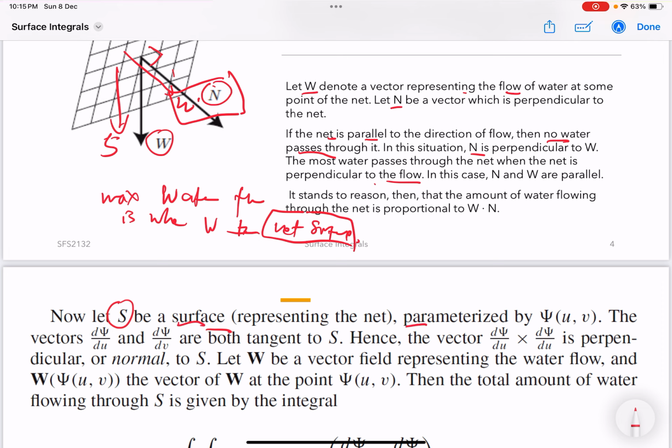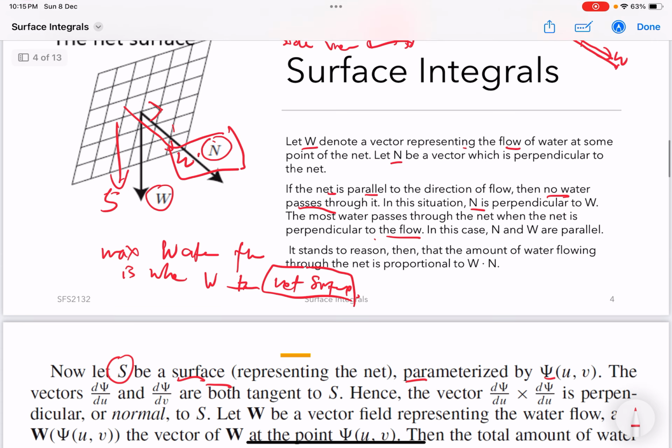The surface is parameterized by psi. So the surface itself has a parameterized function of psi.